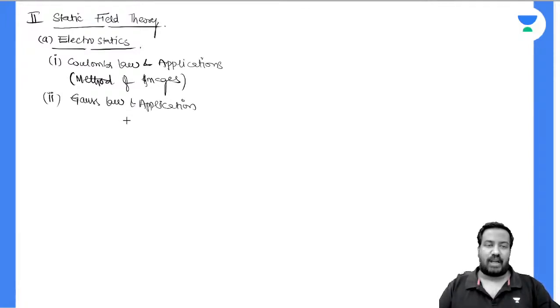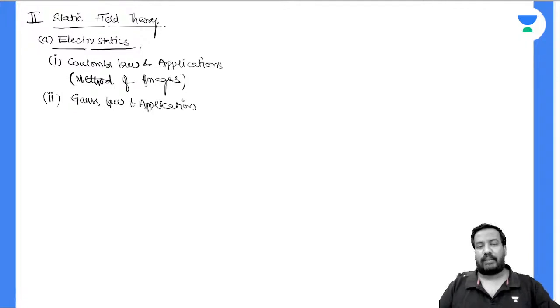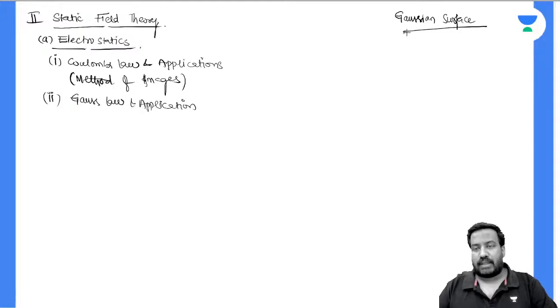Gauss law is a special law which can be applied only when we define Gaussian surface. And what is the Gaussian surface? A Gaussian surface is one which is symmetric with respect to charge distribution. Gauss law can be applied only when you define Gaussian surface.